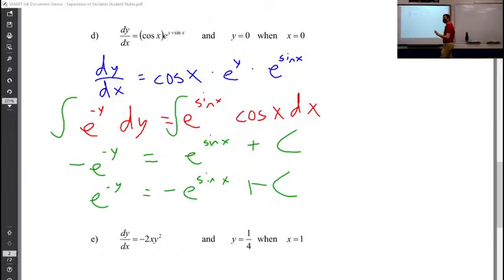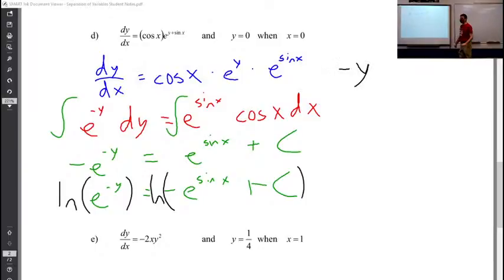And the way that we can bring an exponent down is by taking the natural log of both sides, because our natural log of e to the negative y means that, since I have the same base here, the negative y can jump out in front.